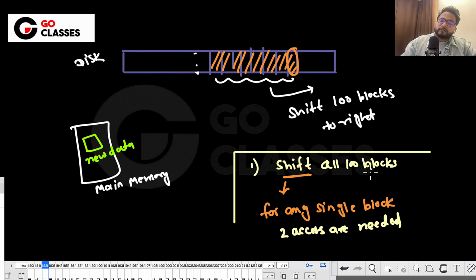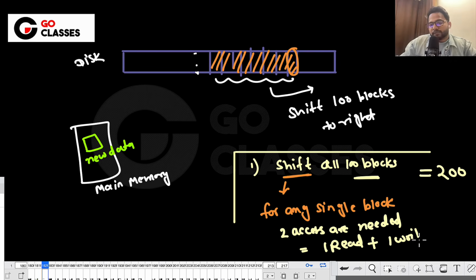So if these are the 100 blocks, then you will need 200 disk accesses, which means 100 reads and 100 writes. Two accesses means one read access, where you first load it in the main memory, and then one write access. So for 100 blocks, 200 accesses will be needed.